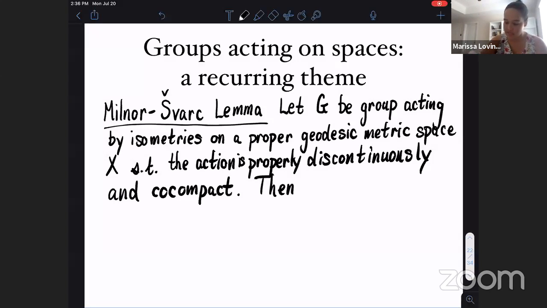The first is that G is finitely generated.